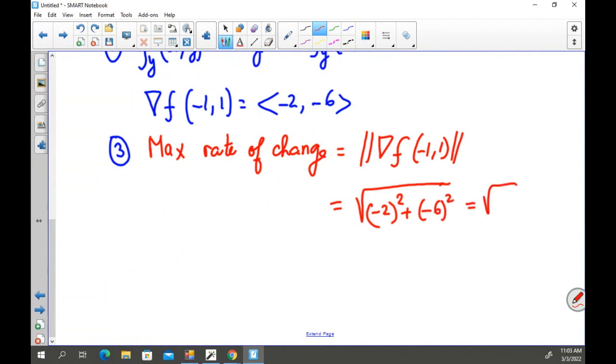So that means the square root of 40, sorry, not 30. The square root of 40 is the same thing as 2 square root of 10, and that is the answer.